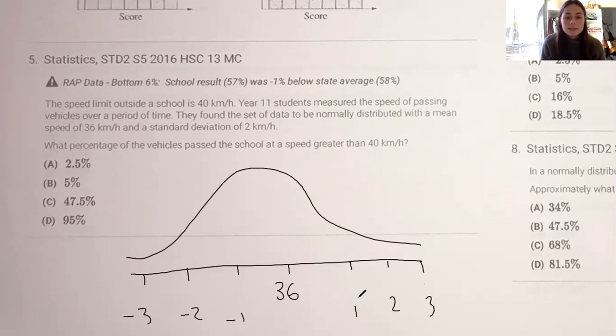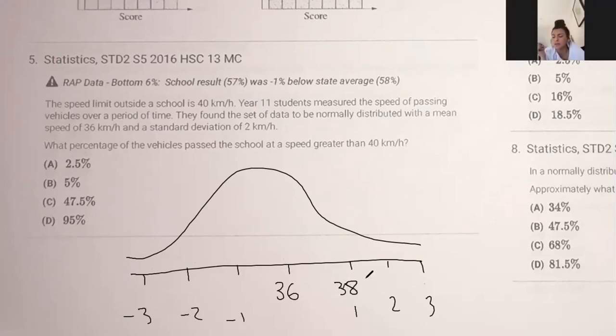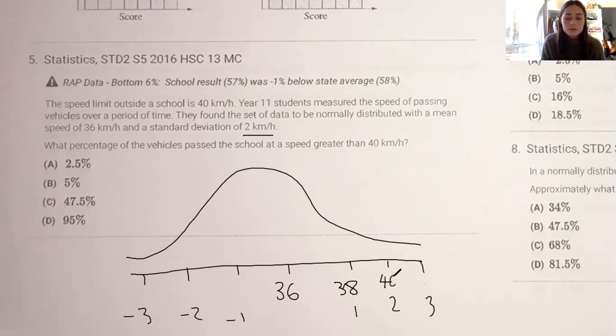So 1 standard deviation would be 38, because it's above by 2. And then 2 would be 40, then 42, and then 34, 32, and 30.